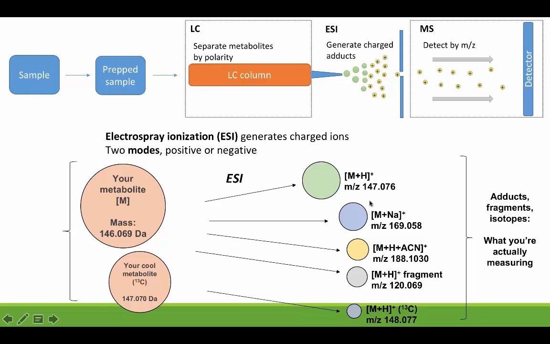You'll see that the M over Z, which reflects the mass to charge, reflects the mass of your metabolite plus the mass of each of these adducts that are attached to these metabolites. So all of these adducts and fragments and potentially isotopes are what you're actually detecting. These parent metabolites that are not charged are not what you're measuring.